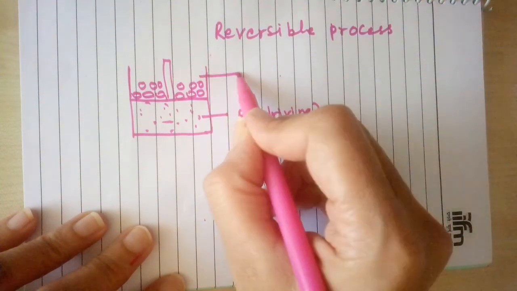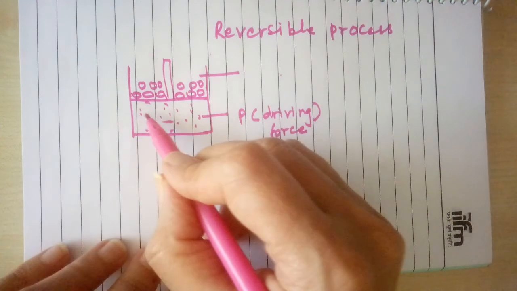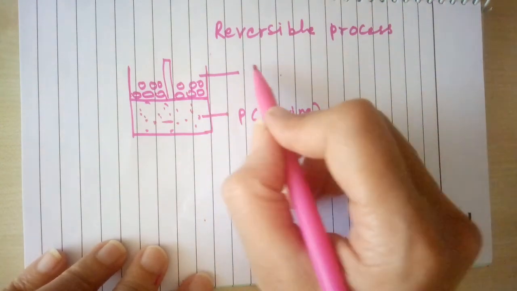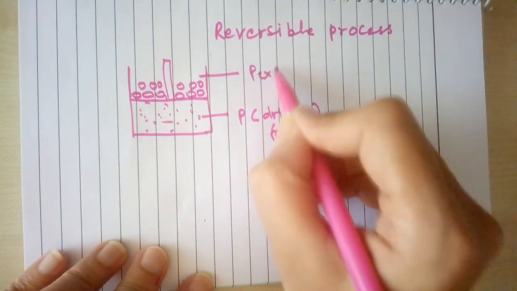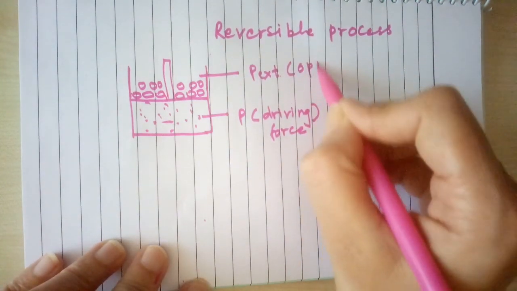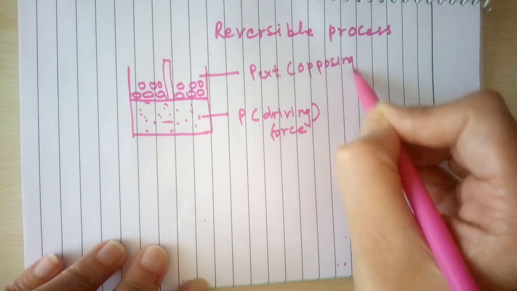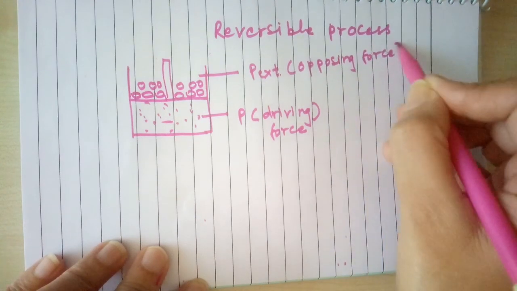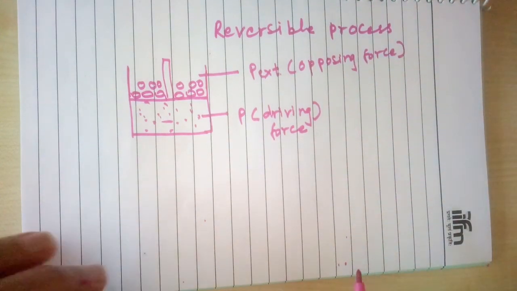And the pressure applied on this gas can be called as an external pressure, P external, in other words, as opposing force.